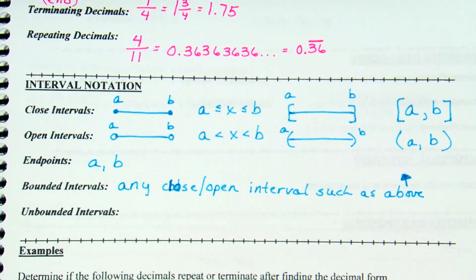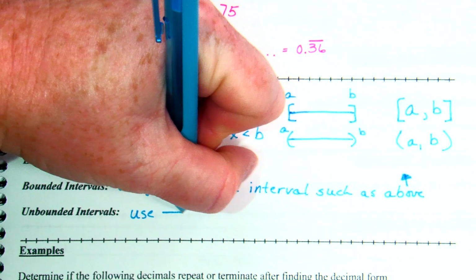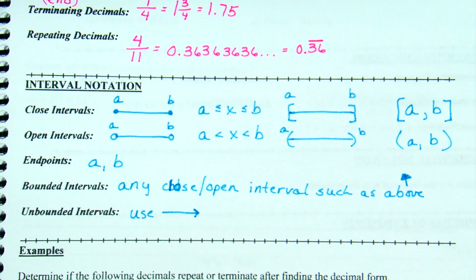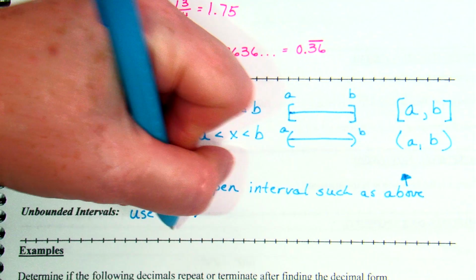So a bounded interval has endpoints on both ends, right? Those stopping points. An unbounded interval means at least one way doesn't. So one way is going off to infinity. If you're going off to the right, that would be positive infinity.